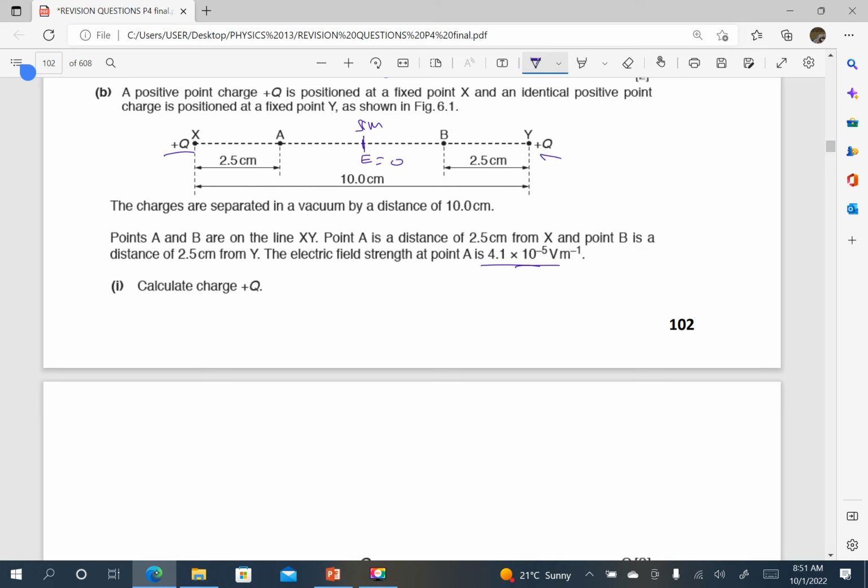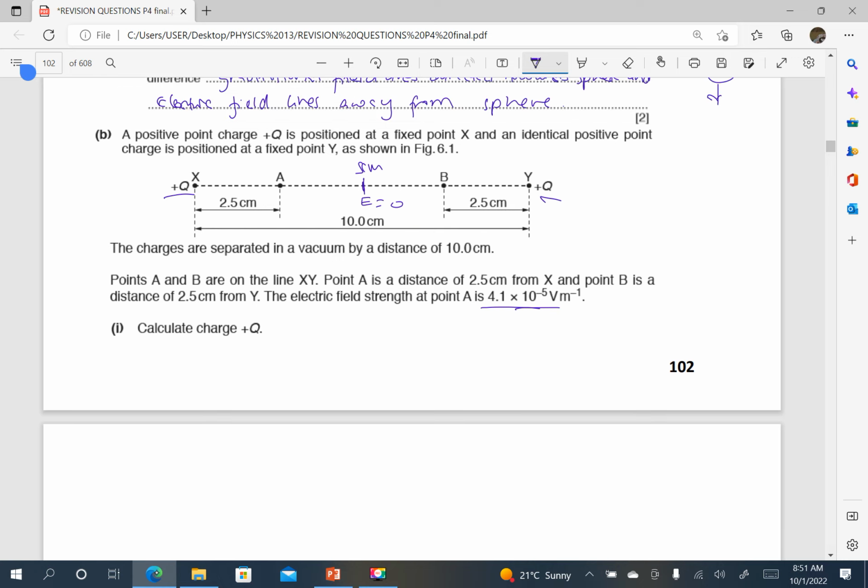So we are imagining a positive charge of 1 coulomb placed at A. Note that Q is positive, it repels it to that side. So this is E due to Y. Then this is E due to X.